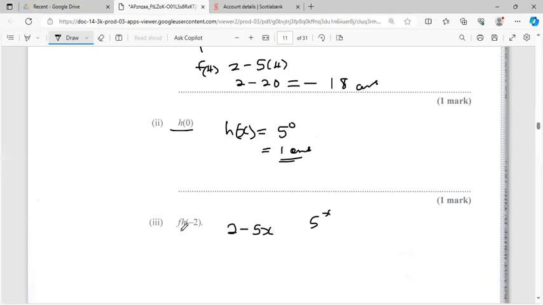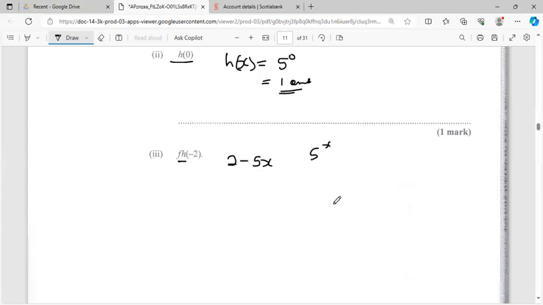Alright, so they ask us to combine. So h is going to be our x, or the inner function. So we have 5 raised to the x, and we have 2 minus, remember this is our x, so this is 5, so we'll put 5. Alright, so we have 2 minus 5 times 5 raised to the x.